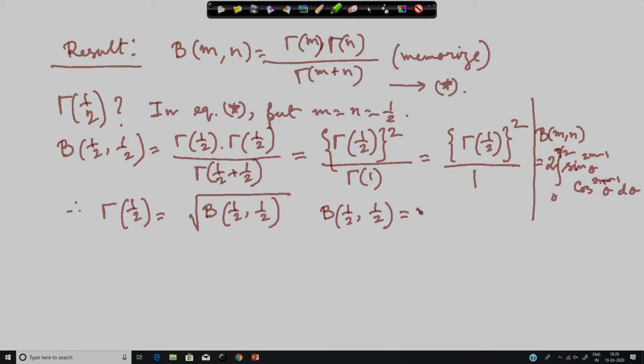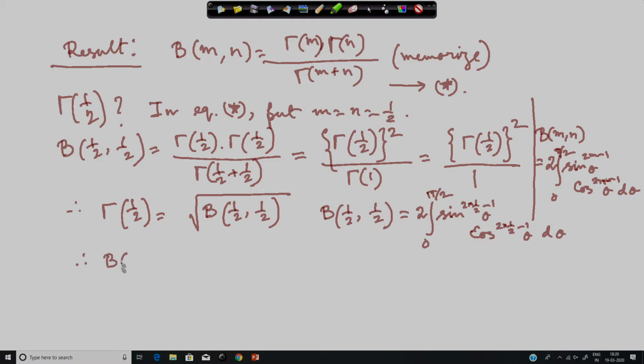So this becomes 2 integral 0 to pi by 2 sin to the power 2 into half minus 1 theta cos to the power 2 into half minus 1 theta d theta.